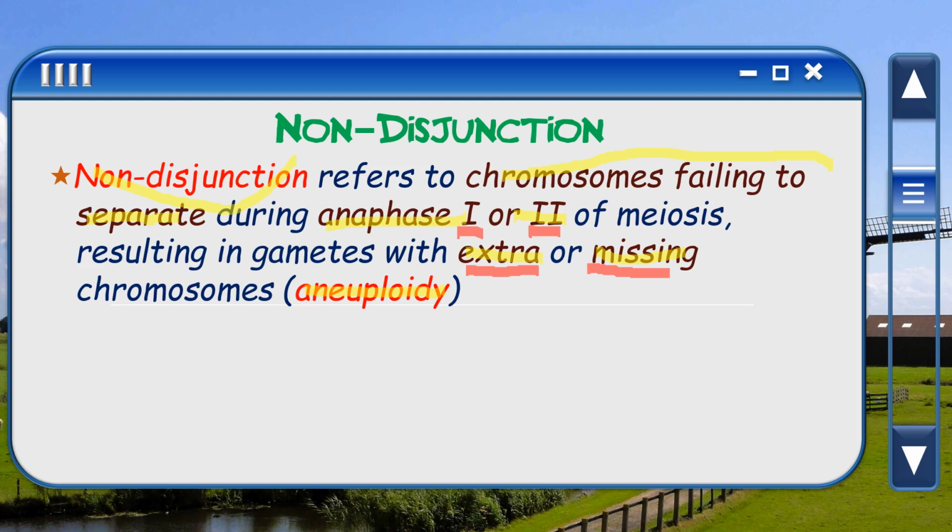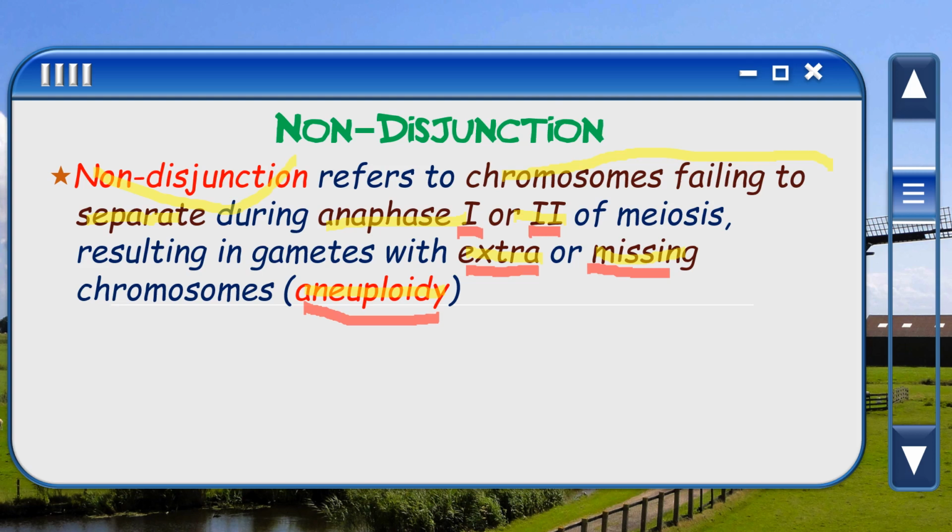But if the sister chromatids fail to separate and both go to the same side, then that is also going to result in what we are calling aneuploidy, whereby one cell will have an extra chromosome and another one will be missing a chromosome. So that is what we call non-disjunction.